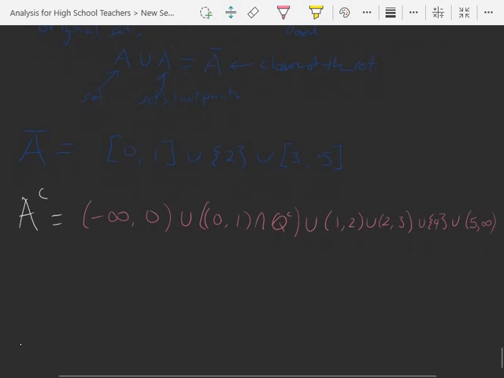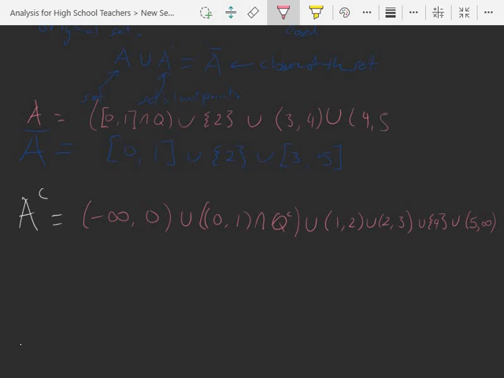But these are different sets. A itself was closed 0, 1 intersect Q, union 2, union the 3 to 4, union 4 to 5, right? So closure added some points, complement did the other things.